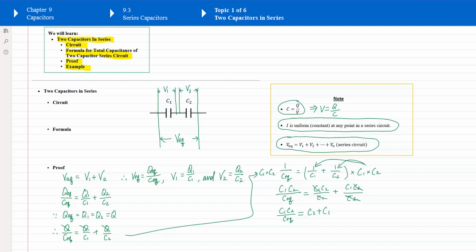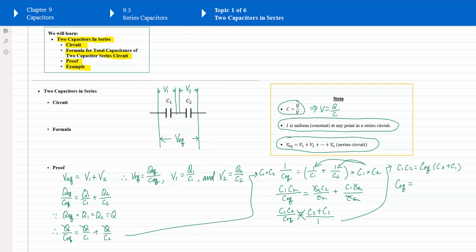We need to use cross multiplication. So we rewrite C2 plus C1 to be C2 plus C1 divided by 1. If we apply the cross multiplication, C1 times C2 times 1, which is itself, equals CEQ times the sum of C2 plus C1.